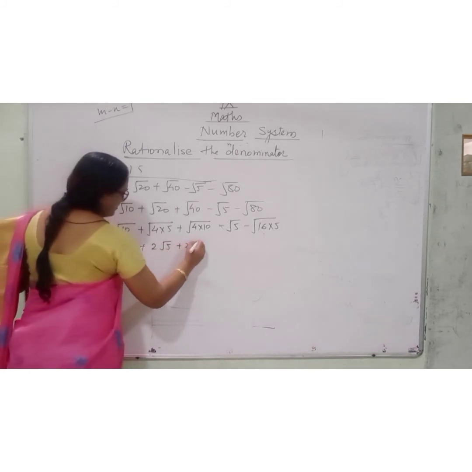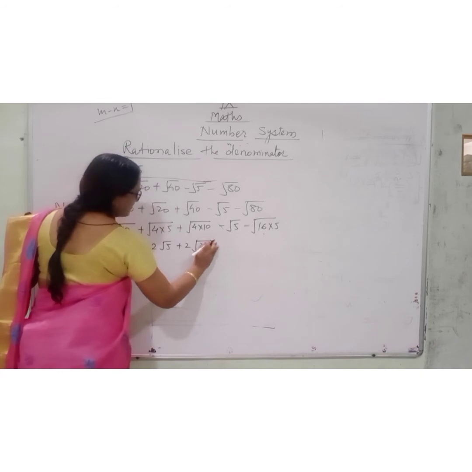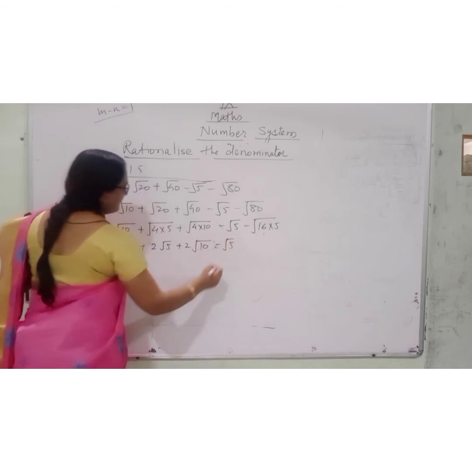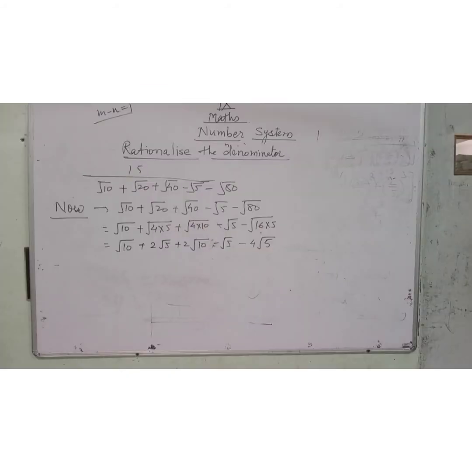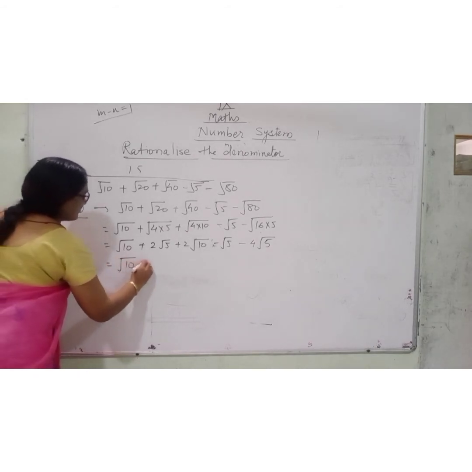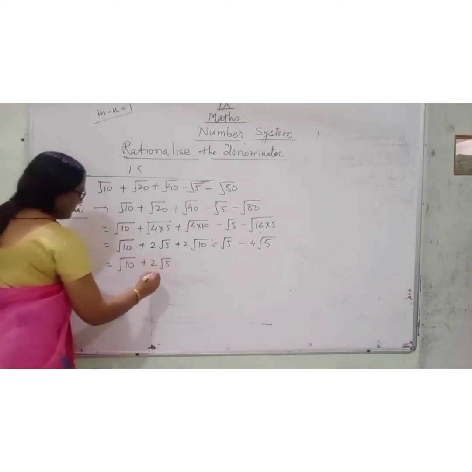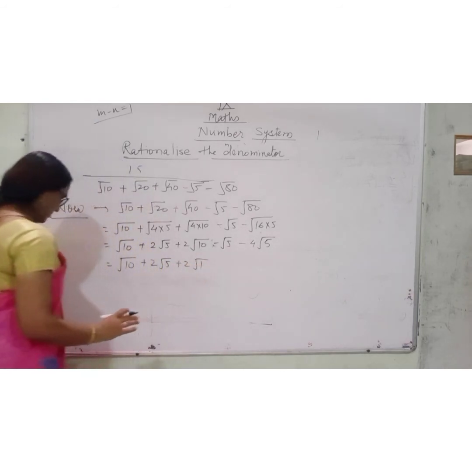Again here is 2 root 10 minus root 5 minus 16 means 4. So the next step is, what is root 10 plus 2 root 5 plus 2 root 10. Wait a minute.